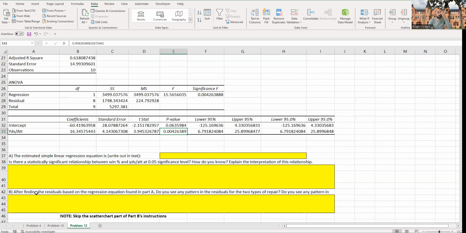Now it's going to ask us, after finding the residuals based on the regression equation in part A, do you see a pattern?